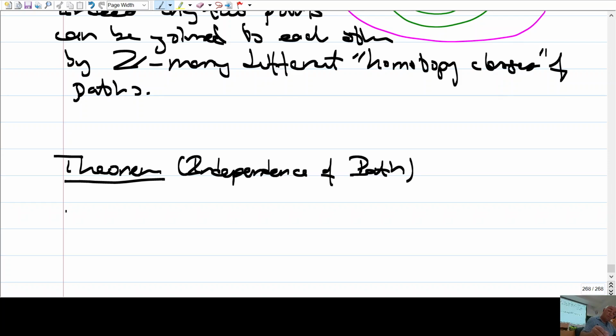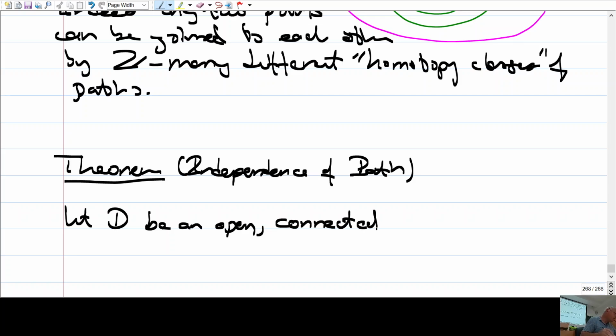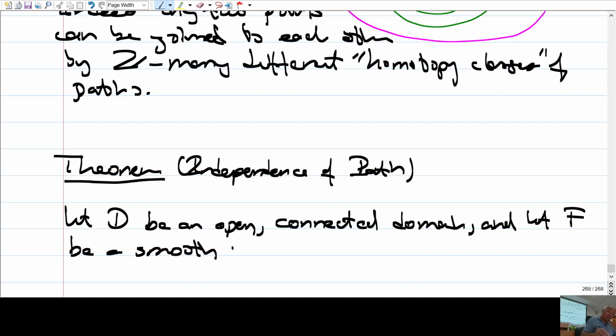Now let D be an open connected domain and let F be a smooth vector field defined on D.